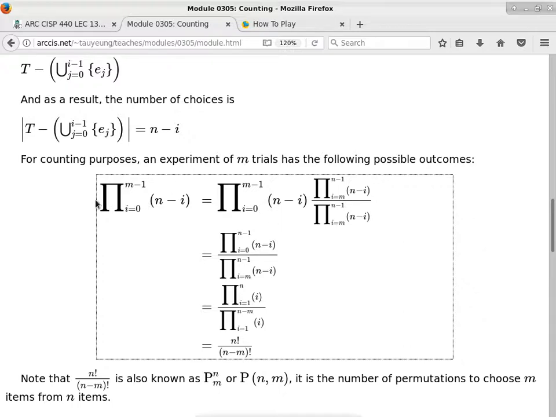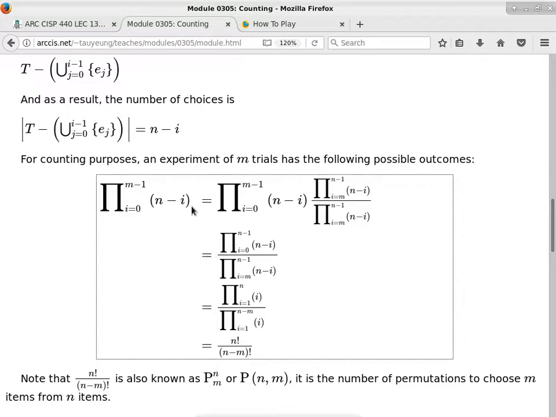Do we have any questions about where we are starting off? i is once again the index of the trial. When i is 0, that's the first trial, and we have all n choices available to us. When i is 1, we have 1 fewer. When i is 2, we have 2 fewer elements, and so on, until we get to m minus 1. And m controls the number of trials per experiment.